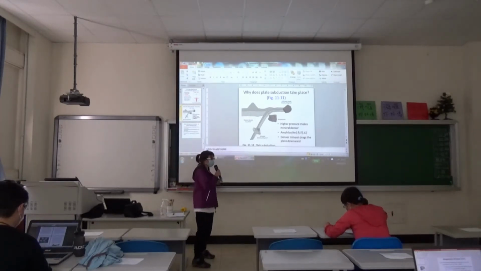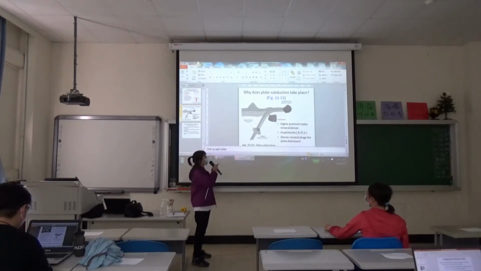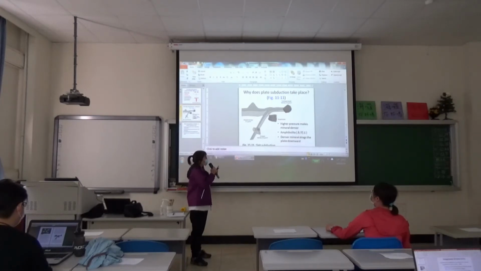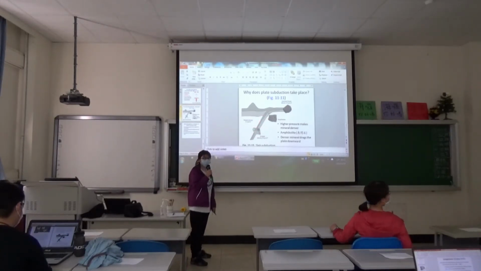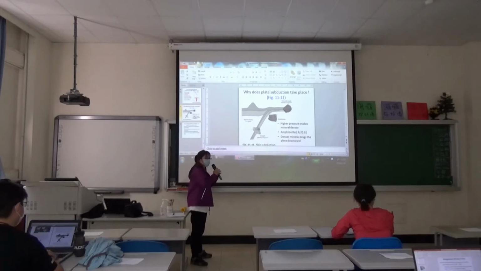My answer, from my knowledge now, is the subduction zone will finally melt, but I think it won't influence the downward movement of the subduction zone. If some of the minerals start to melt from here, it just becomes part of the mantle.